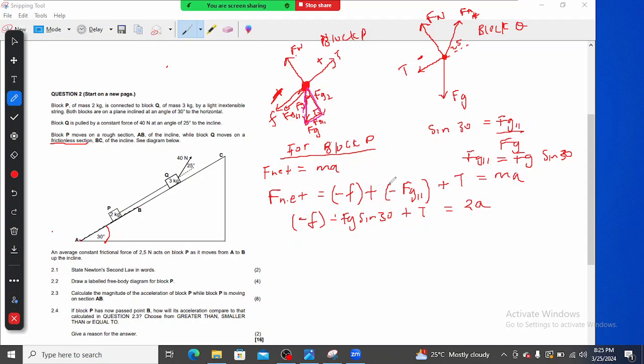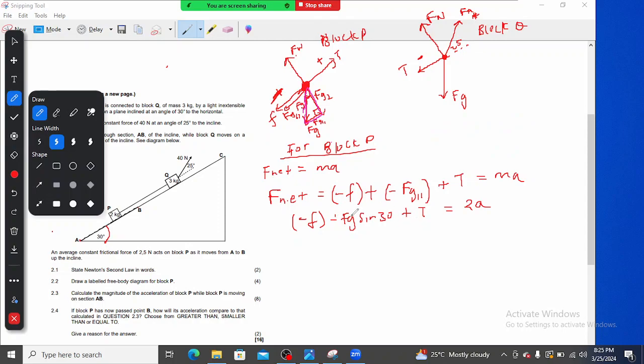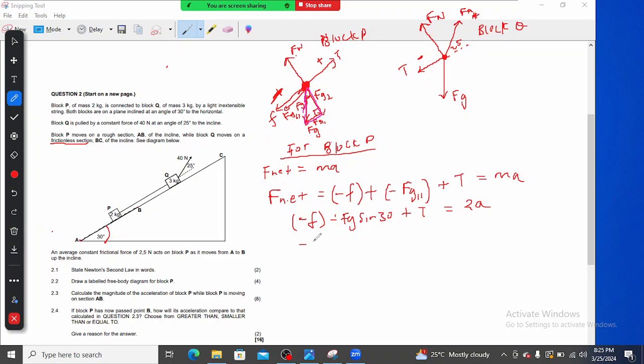Now Fg, if you remember correctly, is nothing but the mass times the gravitational acceleration, because Fg is the weight. So I can replace this Fg by mg. Because I already got the tension, I can just put in the 2.5. So this is minus 2.5 minus mg, because Fg is equal to mg, which is the mass times the gravitational acceleration.